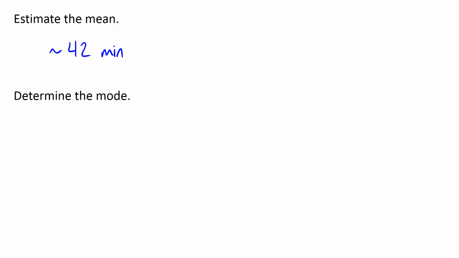And determine the mode, we would say it's 40 to 45 minutes. So again, you see that we get a little bit more precise with our bins that are smaller, but we also lose some of the ability to see the bigger trends when we have too many x-axis bins.